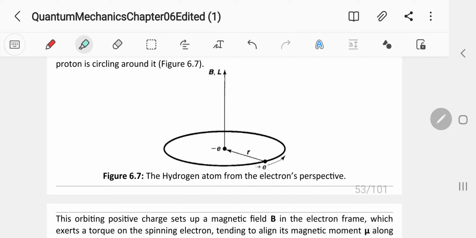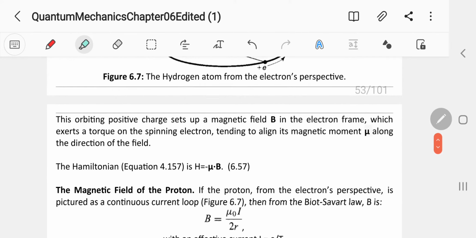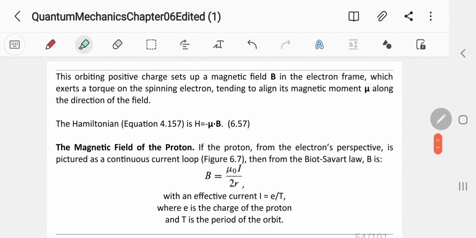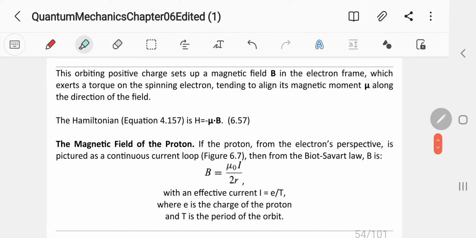Since there is a charge revolving around it, there's a magnetic field there. The orbiting positive charge sets up a magnetic field B in the electron frame, which exerts a torque on the spinning electron. It tends to align its magnetic moment mu along the direction of the field.